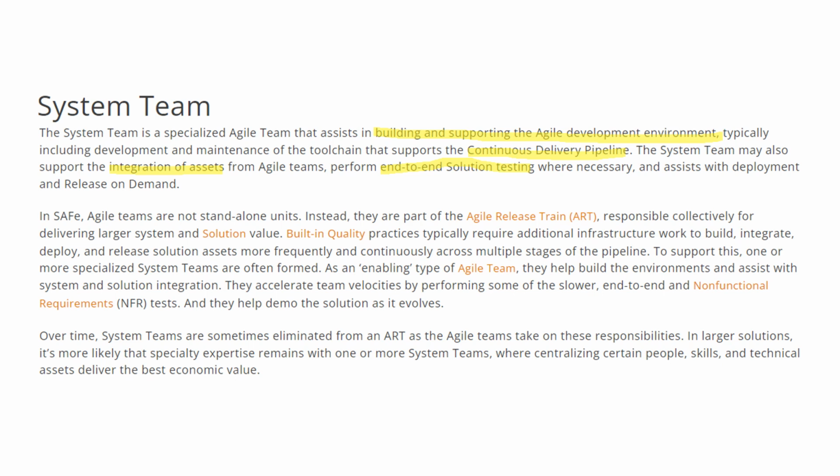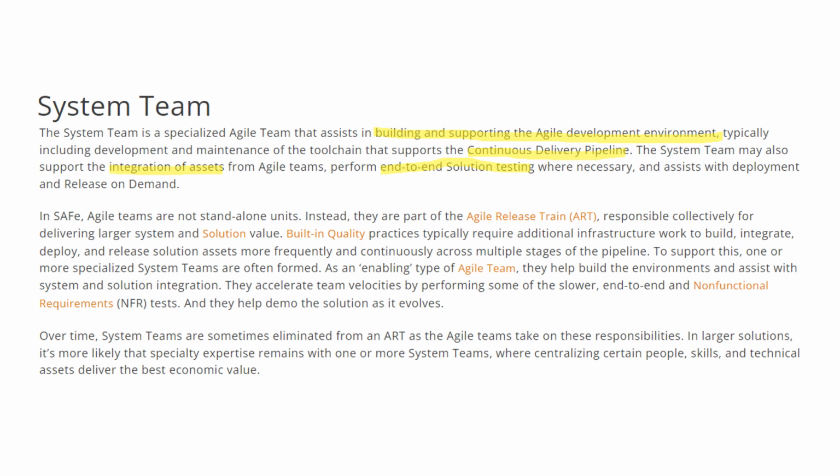Over time, system teams are sometimes eliminated from the ART as the agile teams take care of these responsibilities, possible in a small team or a small company. But in large solutions, it's more likely that specialty expertise remains with one or more system teams, where centralizing certain people, skills, and technical assets delivers the best economic value.